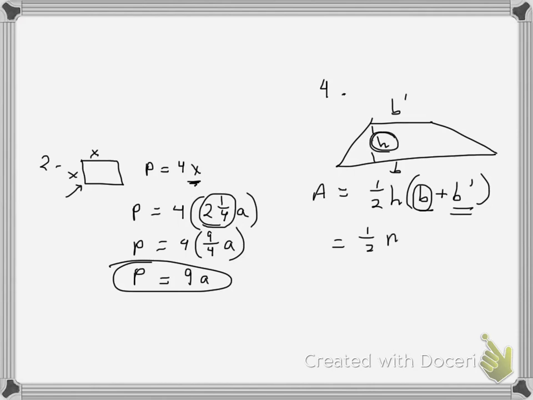and that is m. So now plugging in my 3 values, I'm going to get 2 1/2 d plus 1 1/4 d, and now I'm going to solve it. So this becomes 1/2 m.